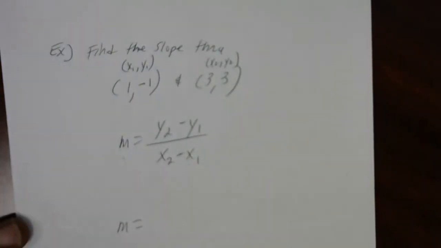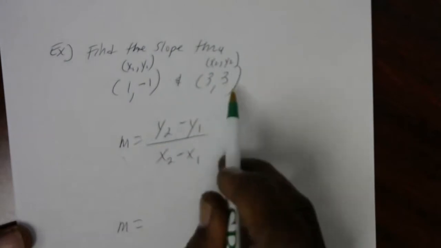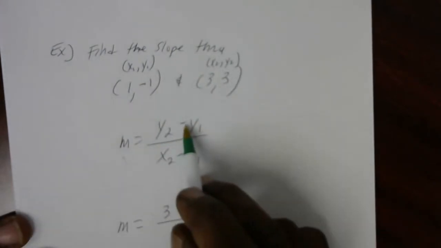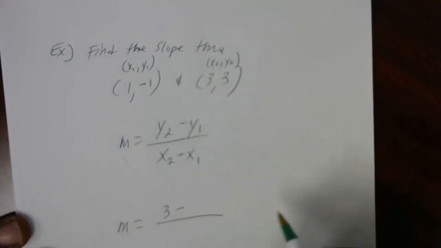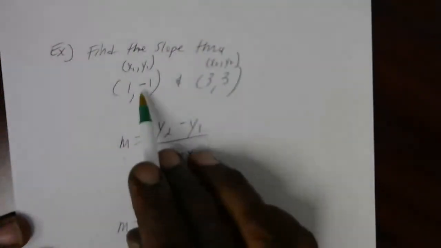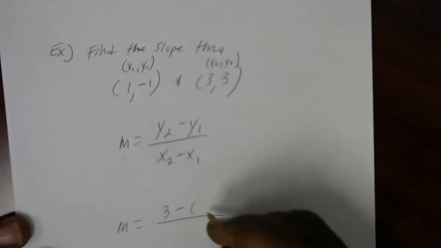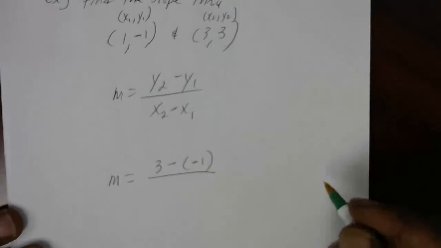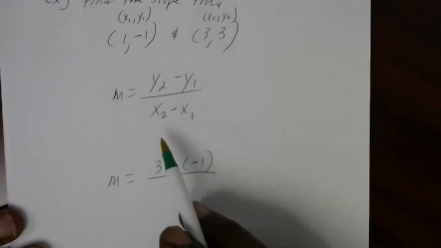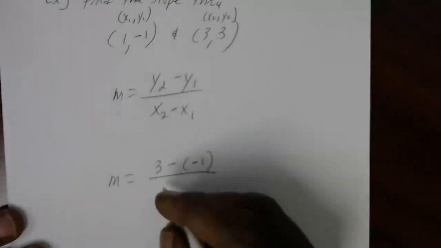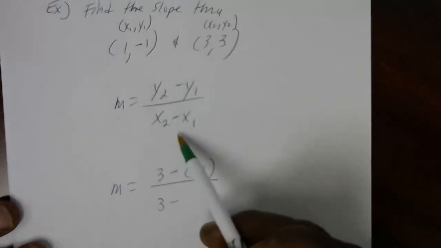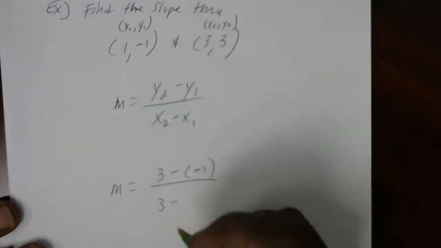Now I'm going to simply substitute. y sub 2 is 3. There's a minus in my formula, and y sub 1 is -1, so I must be mindful to substitute in a -1, divided by x sub 2, which is 3, minus x sub 1, which is 1.